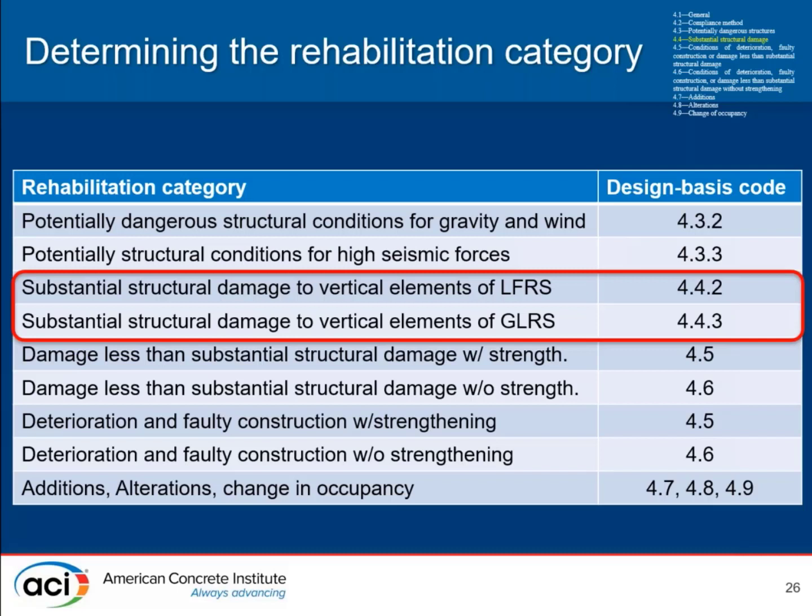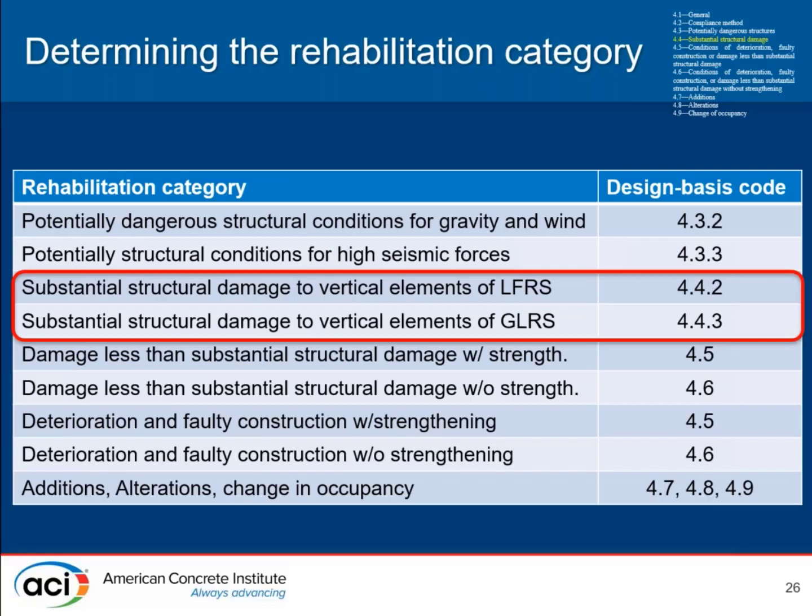So Keith yesterday described carrying out a preliminary assessment, and if the factored demands calculated using the current code exceed the factored resistance, then you have a condition of unsafe.